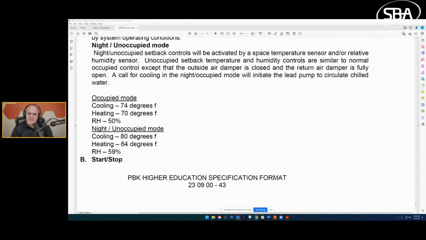That is how I feel MSI work should be done. I believe putting it into a spec section is too constrictive for the level of calibration or collaboration that needs to happen for MSI work.